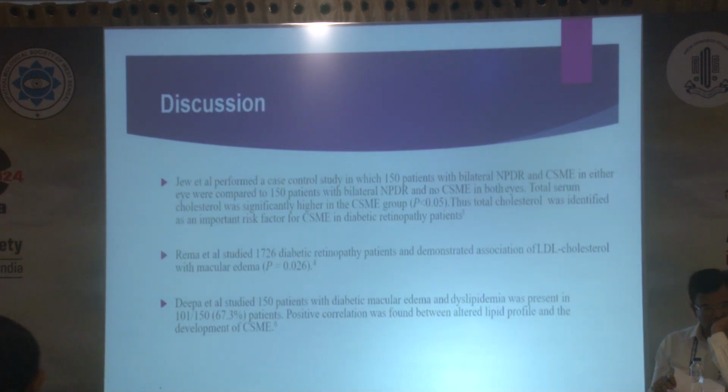Jiu et al. also found total serum cholesterol was significantly higher in the CSME group. Rema et al. demonstrated the association of LDL cholesterol with macular edema. Deepa et al. found dyslipidemia was present in 67.3% of patients.